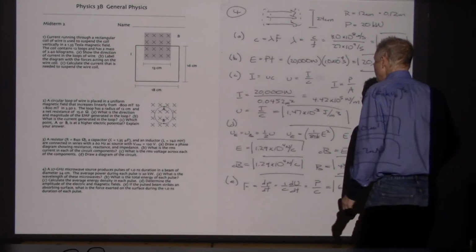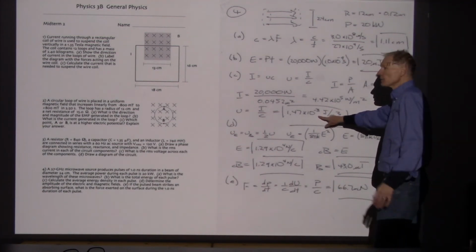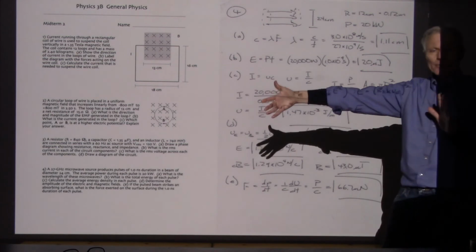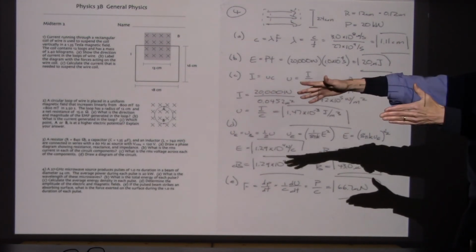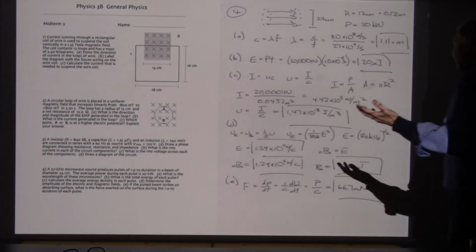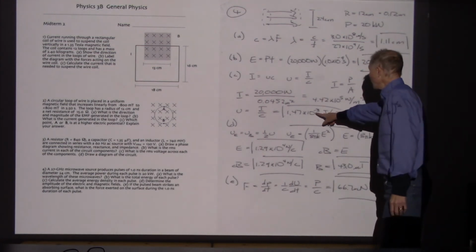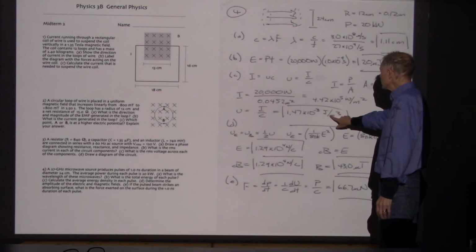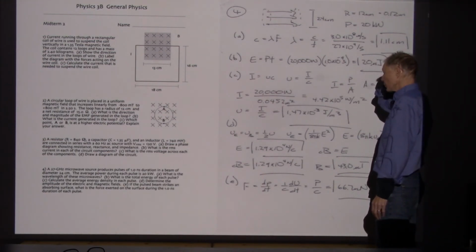So the energy density here only worked out to be, if I take a cubic meter of space where this beam is passing through, I'm only getting 1.5 millijoules of energy within a cubic meter of this.